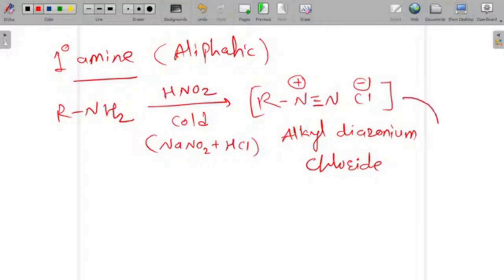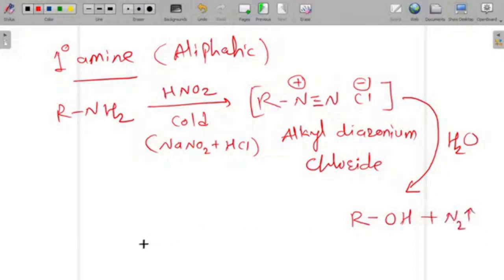It is not stable, and on further hydrolysis produces ROH plus N2, and the chlorine goes with one of the hydrogen atoms, plus HCl. So the primary amine first gives alkyl diazonium chloride, the salt, which on further hydrolysis produces alcohol. Nitrogen is obtained as a byproduct, and HCl.